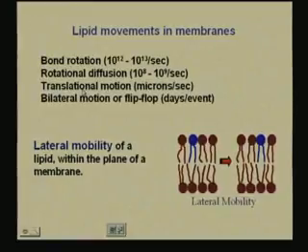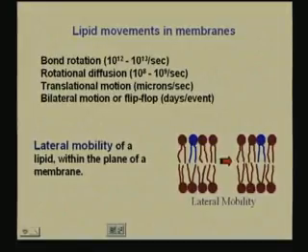So, you see how the lipid membranes, the bilayers are actually moving in a sense. We have a translational motion that can be measured in microns per second, and we have bilateral motion, something called flip-flop, that takes in the order of days for one such event to occur.